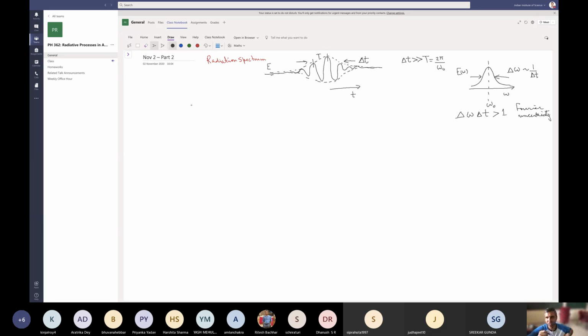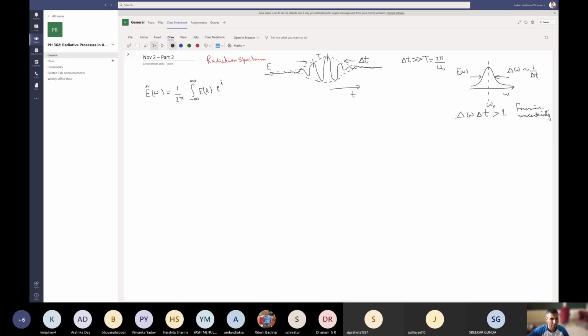So this is the picture more physically, but I'll now do it more mathematically, introducing the Fourier transform. Let's get started with that. E hat omega is equal to 1 by 2 pi times the integral of E(t) e to the I omega t dt. This is the Fourier transform of the electric field.